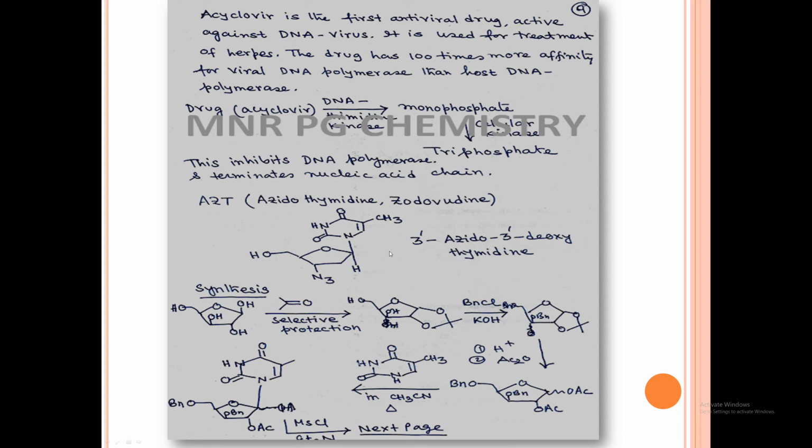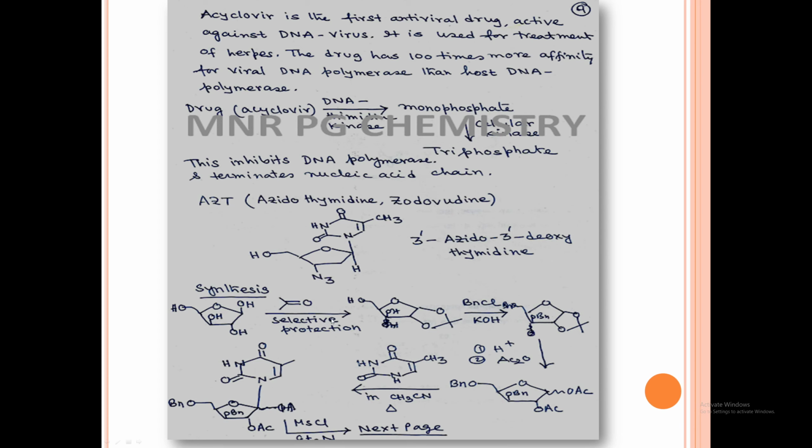So when we try to synthesize this molecule, we start from the sugar ring. When it undergoes the reaction with acetone, it undergoes selective protection. So the C1 OH and the C2 OH undergo acetal formation with the acetone. Next is the benzyl chloride reaction.